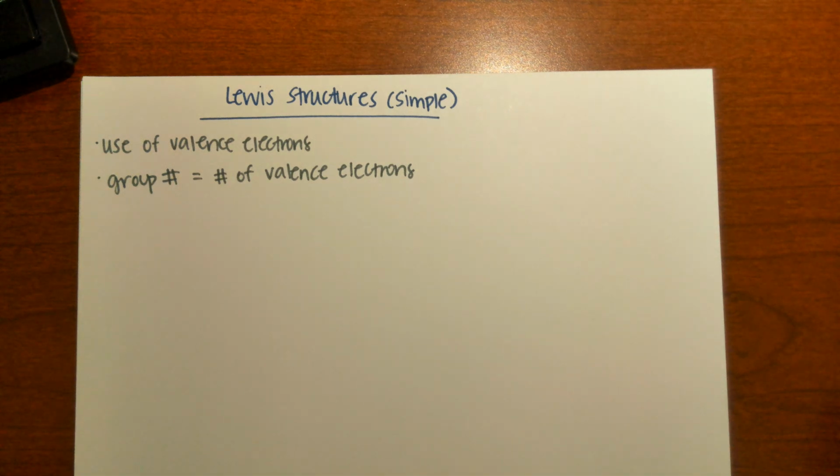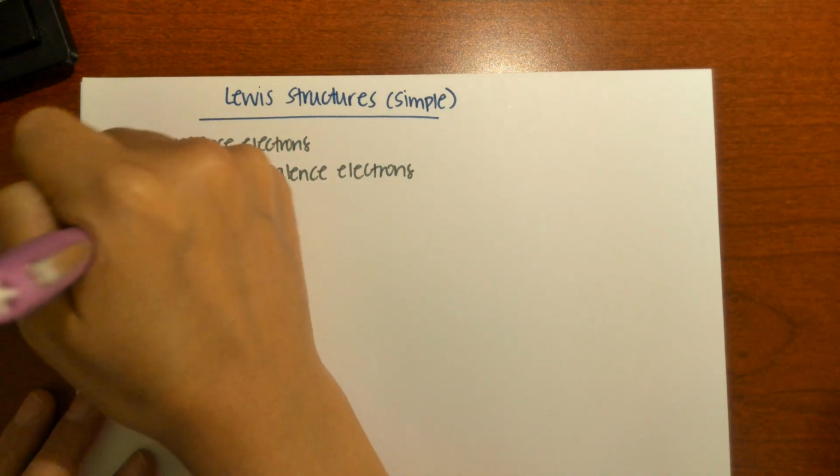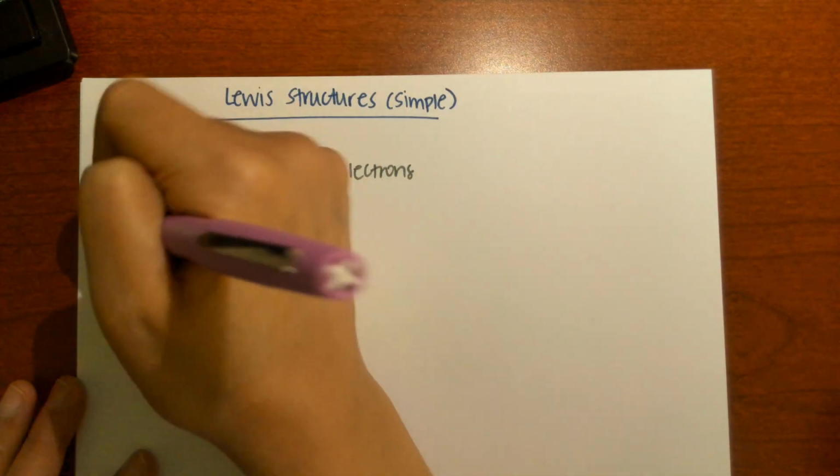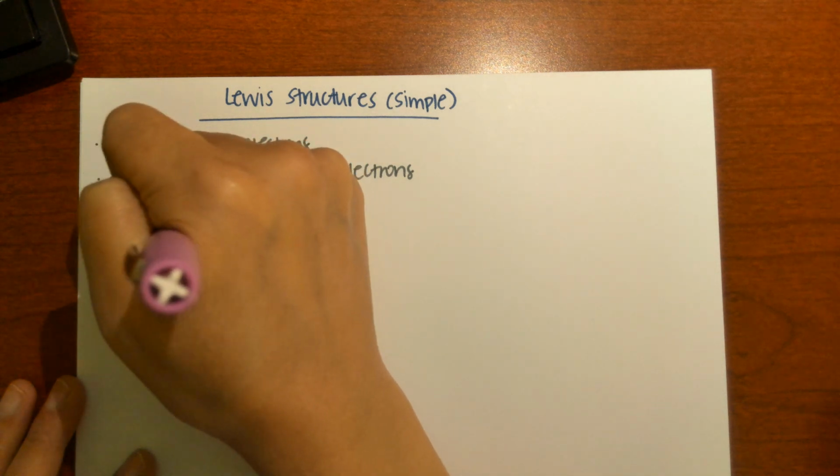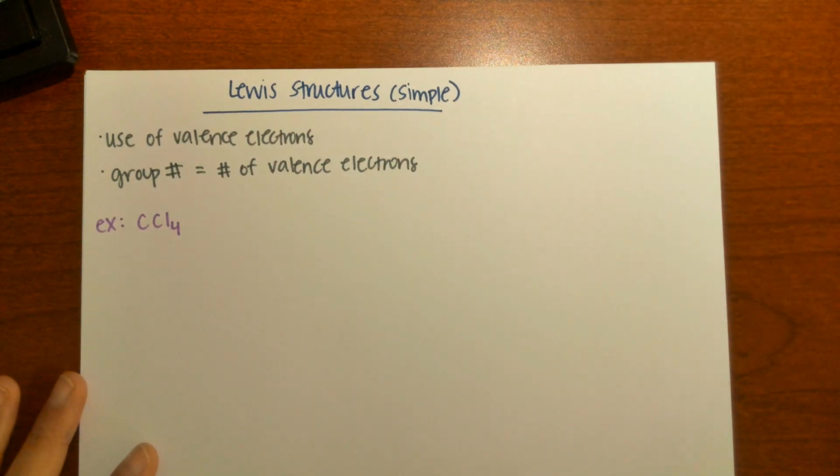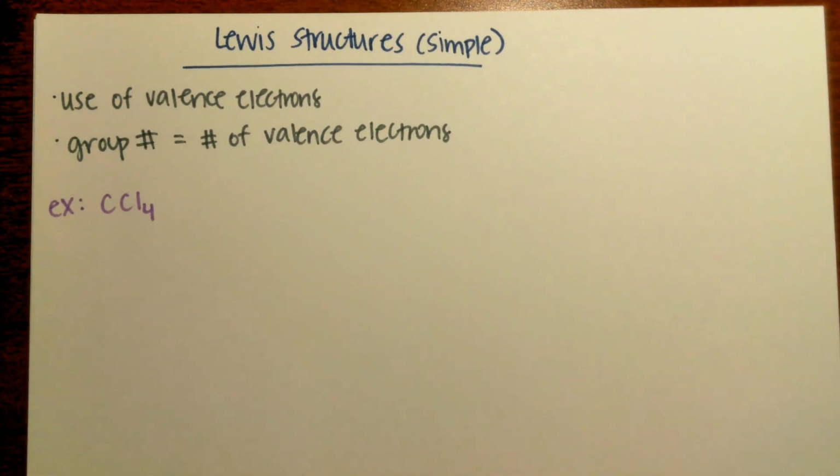Alright, so I'm going to give you an example here. Something very simple. CCl4. Alright, first we're going to draw the skeletal structure, basically the visual of how the elements are displayed.